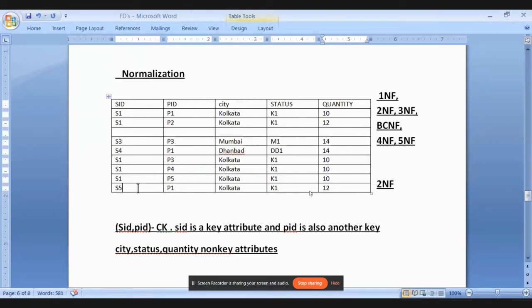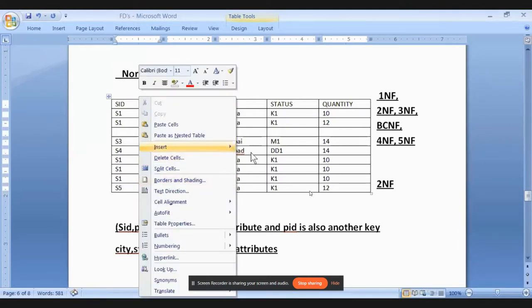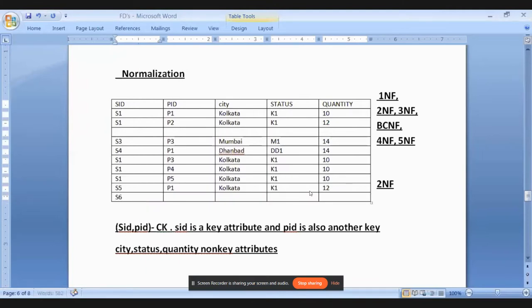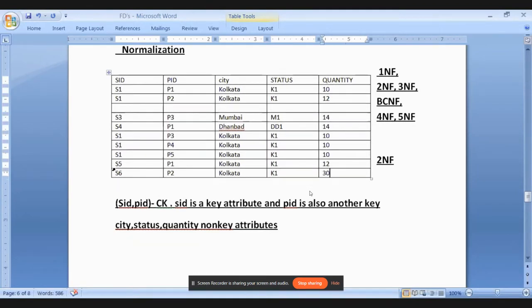Let me add another record. S6 also stays in Kolkata, supplies P2, and the status of Kolkata is K1 and the amount of supply is 30. So these two records needed to be added.